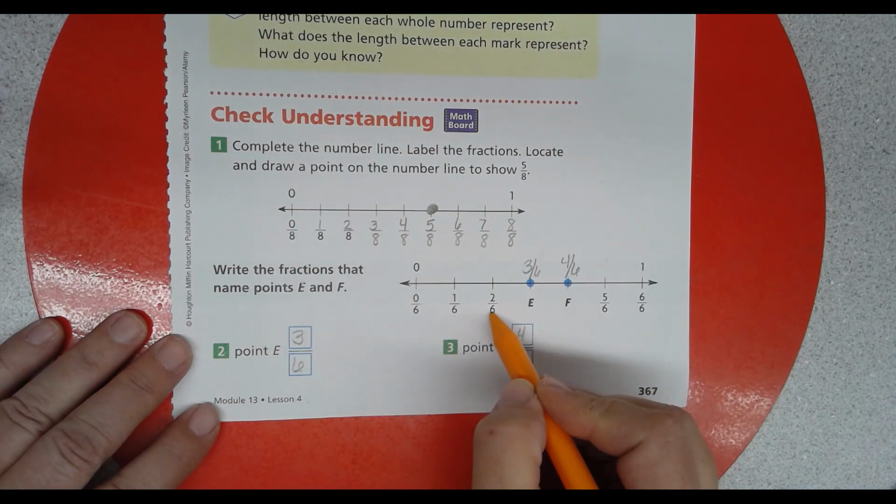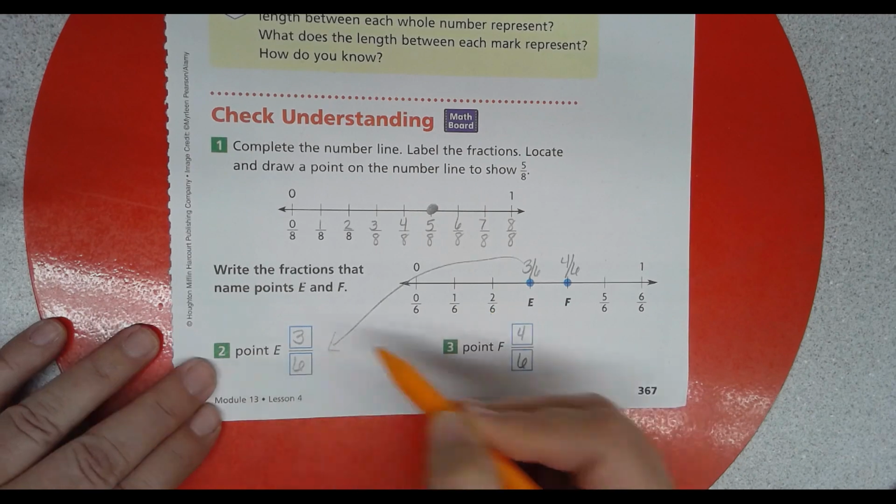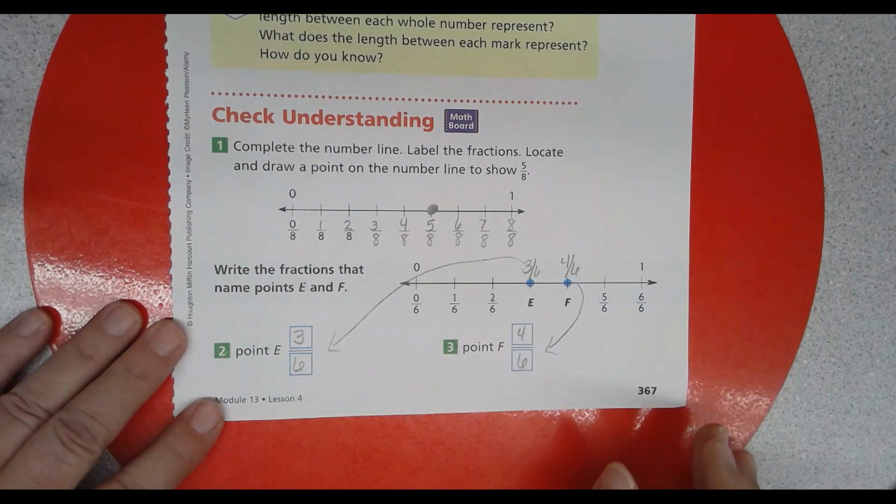This would be 3/6, which goes here. And the next one will be 4/6. And then we're going to flip over to the other side and look at the back side.